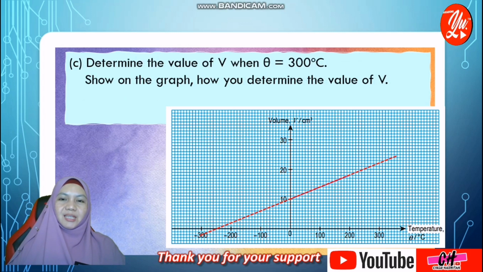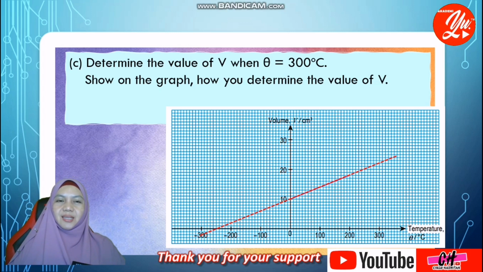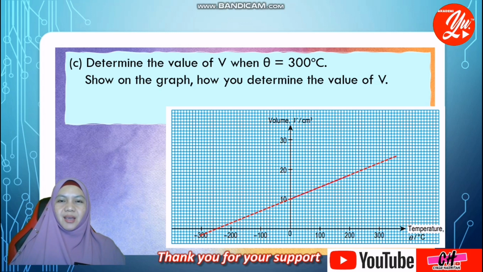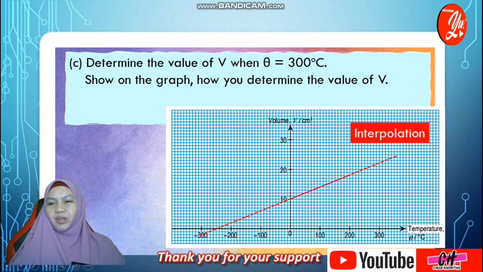Okay, then how about C? You are asked to determine the value of volume when the temperature is 300 degree Celsius, and you have to show on the graph how you determine this value of V. So this is the extended line we drew previously from question B. Where is theta or temperature 300? This is where temperature is 300.